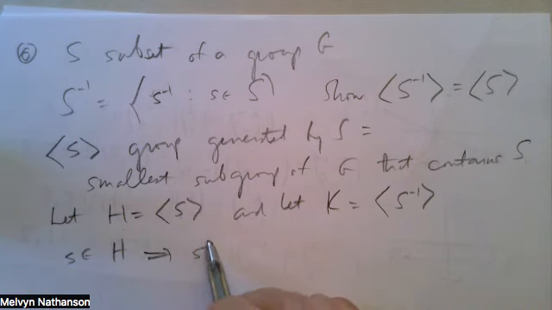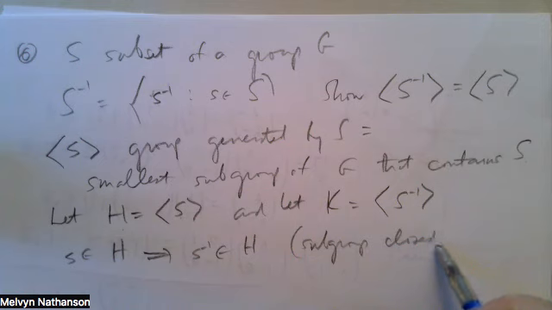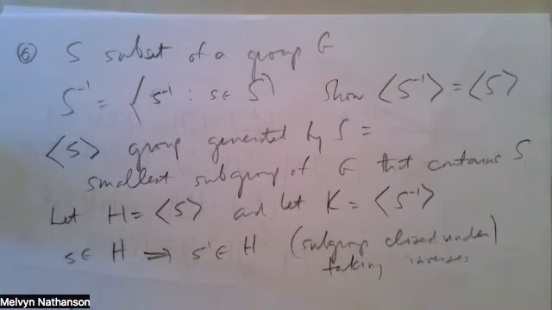So that means that s inverse is in H because a subgroup is closed under the operation of taking inverses.